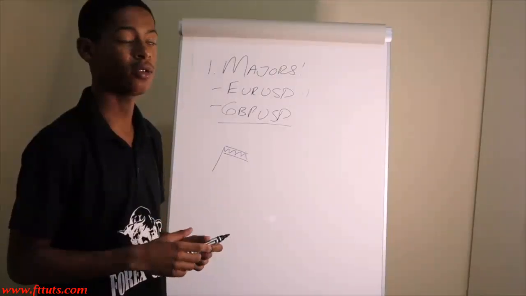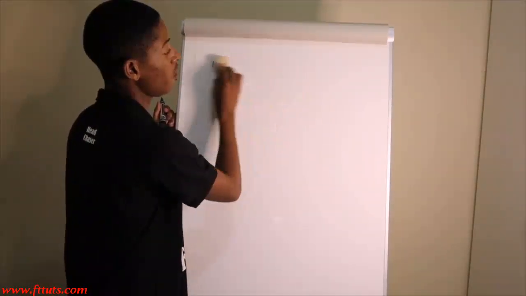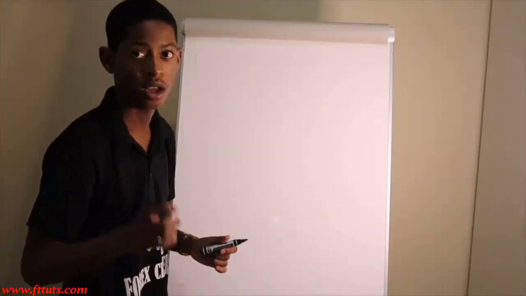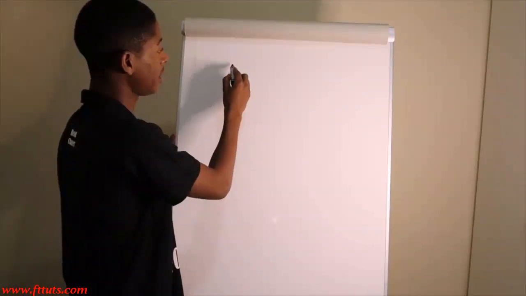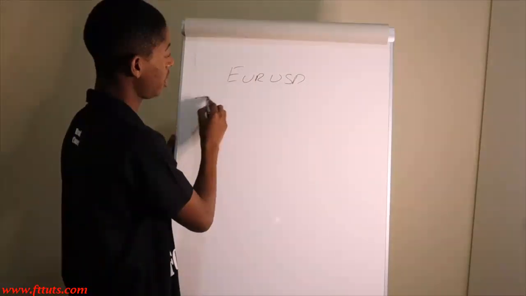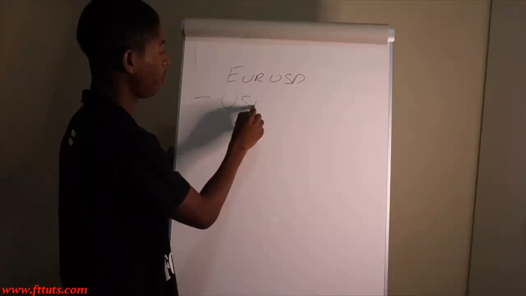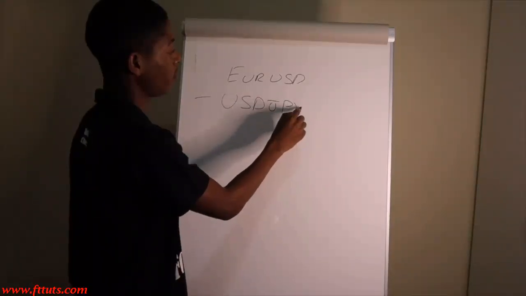But I want us to actually take a look at this. When you are trading, it's very important to know for sure what it is that you're getting involved in. What do I mean? Let's say this is EURUSD, and here is, for example, USDJPY.